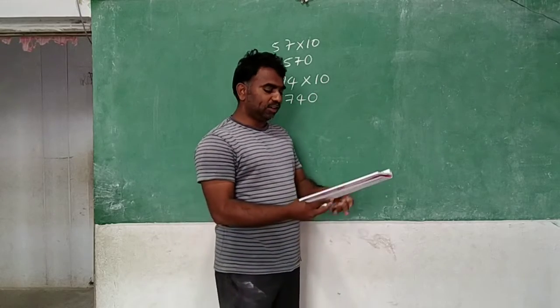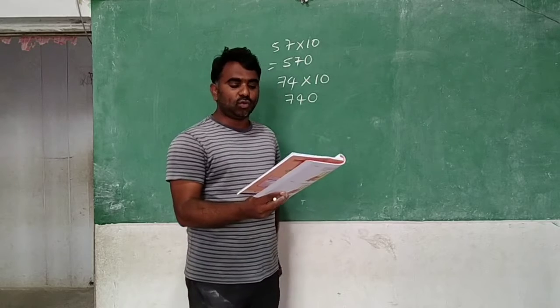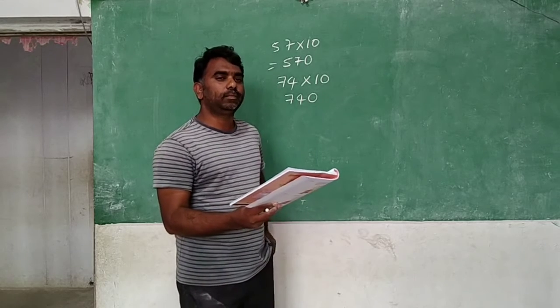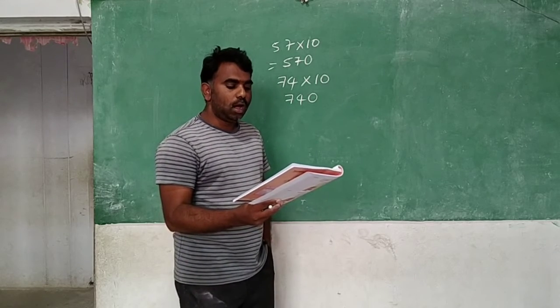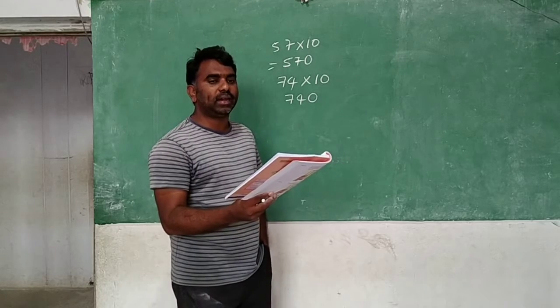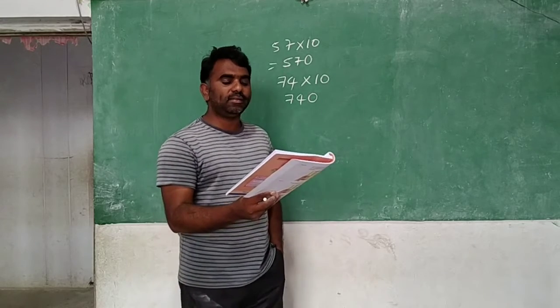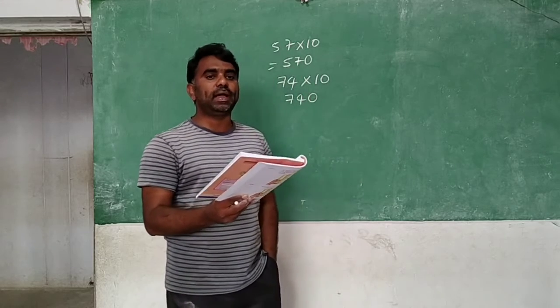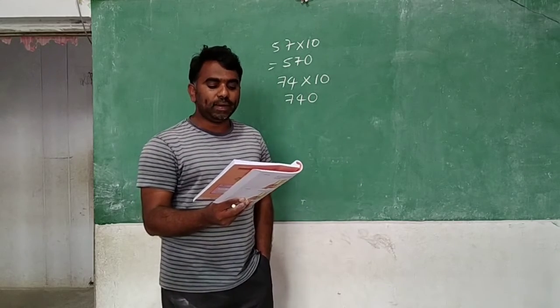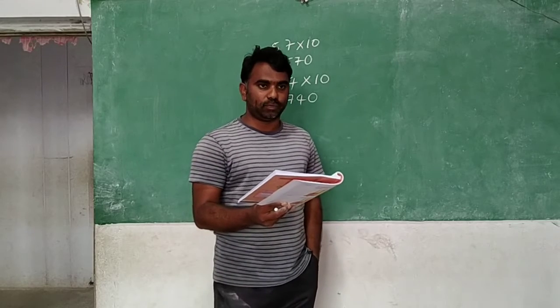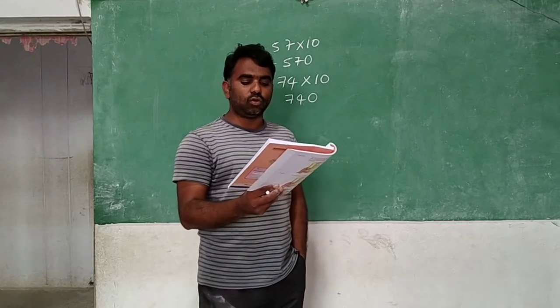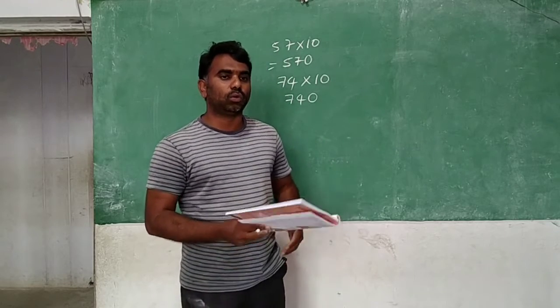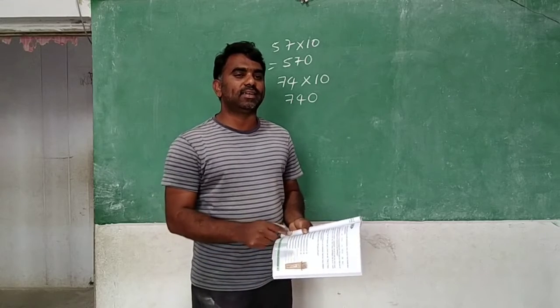And you see here in the textbook. Can you answer these questions on page number 53? How many pencils are there in 8 packets? How many pencils do 10 packets have? How many pencils do 14 packets have? How many pencils do 26 packets have? How many pencils do 57 packets have? So you can write all these answers.